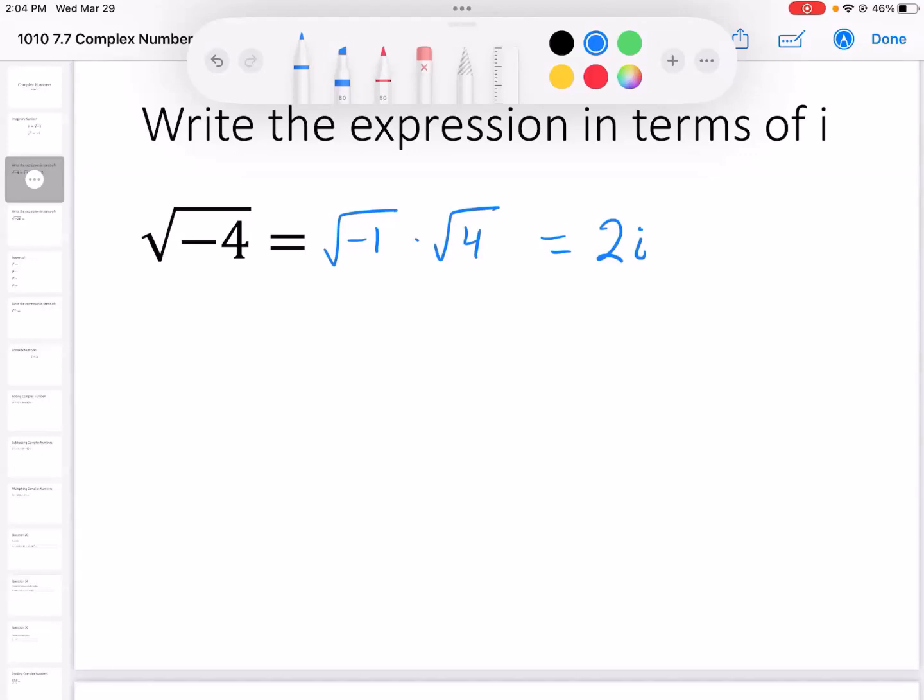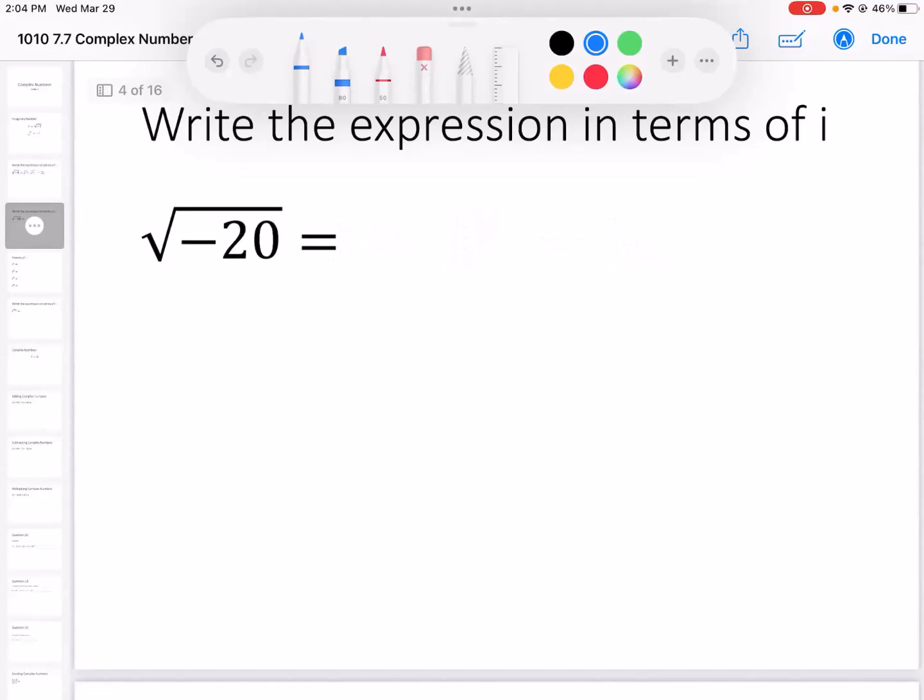So you'll have some problems on your homework like that. And then you'll also have some like this. So 20 is not a perfect square, so you can't find the square root of it, but you can simplify it. How would we simplify the square root of -20? Yep. So if we factor this and we get 4 and 5 and 4 factors into 2 times 2, we could rewrite this as the square root of -1 times 2 times 2 times 5.